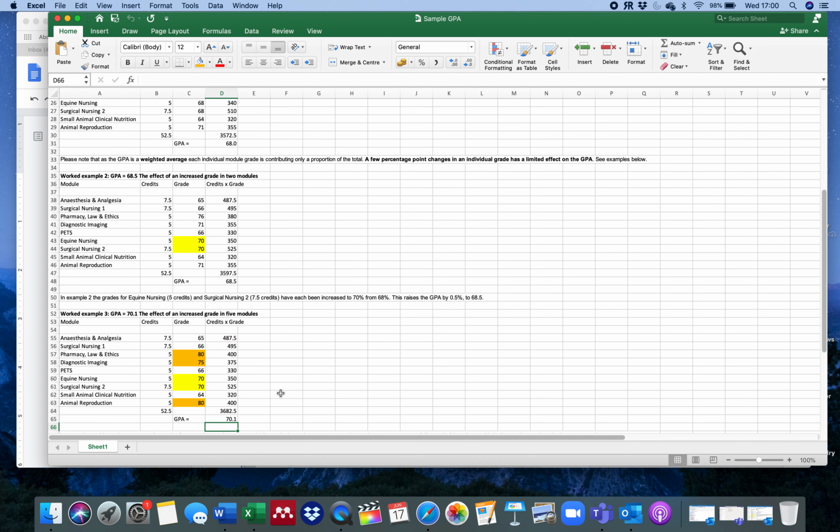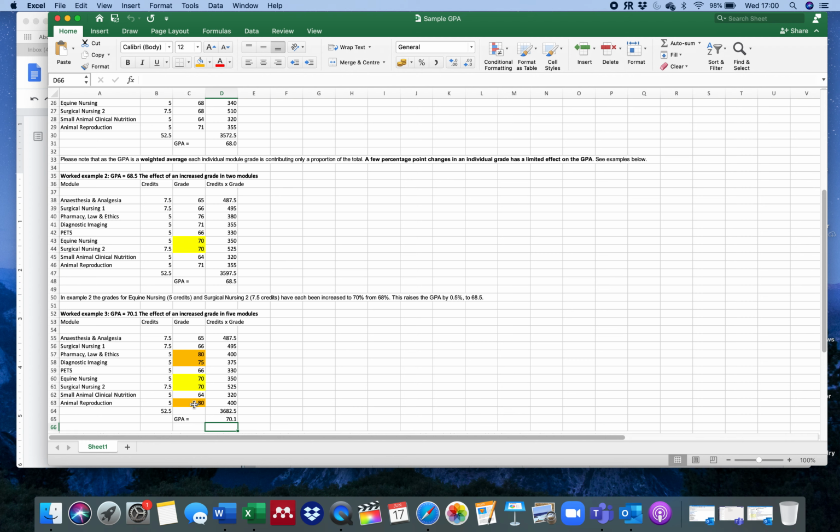Worked example 3, I've taken the same set of results, and this time I've given the students some quite hefty increases across additional modules. So if you look here, the yellow is still the same as in worked example 2, but I've increased their grade in pharmacy law and ethics from 76 to 80. I've increased the grade in diagnostic imaging from 71 to 75, and I've increased the grade in animal reproduction from 71 to 80.